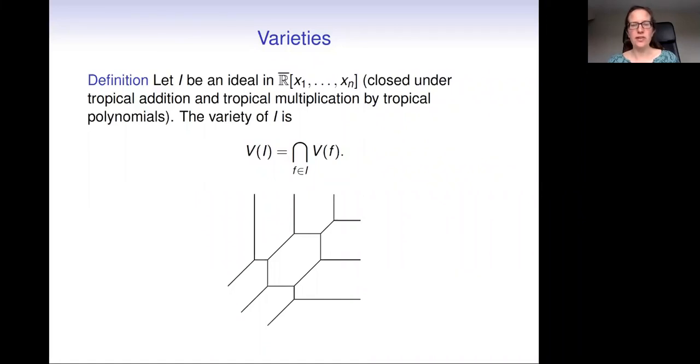So ideals in semi-rings have exactly the same definition, closed under tropical multiplication by tropical polynomials. And then the variety is going to be just the intersection of the tropical hypersurfaces for every polynomial in the ideal. So these tropical hypersurfaces you were thinking of as the zeros of the polynomial, and we're taking the common zeros for every polynomial in the ideal.